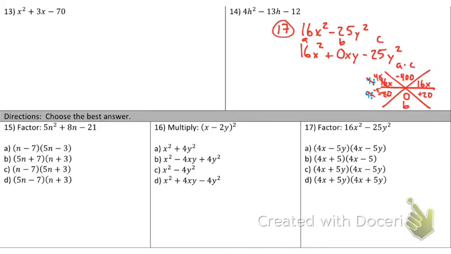And then we're going to do the same thing here. We could divide by 4 on the right side as well. So if we reduce, this gives me 4x on top, and 5 on the bottom, positive 5. So now that we have it, we can put it into our set of parentheses.